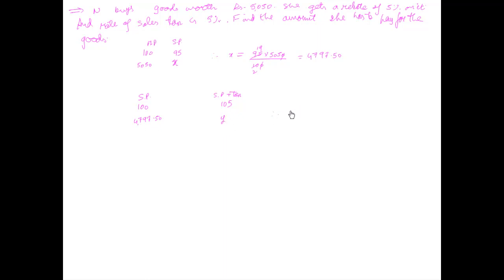So this will be, children, y is equal to 105 into 4797.50 upon 100, will cancel with this 20 times, 21 times. Now, children, we multiply and divide to give us an answer of 5037 rupees 38 paise. That's the amount she has to pay for the goods.